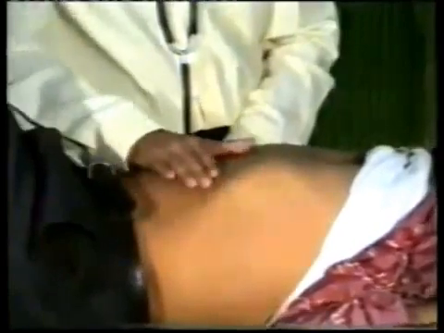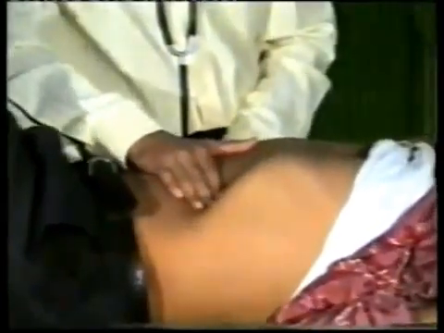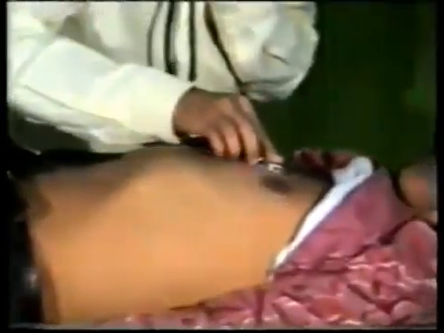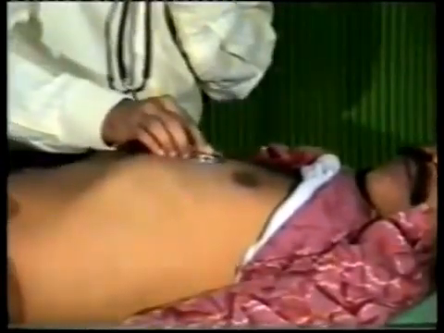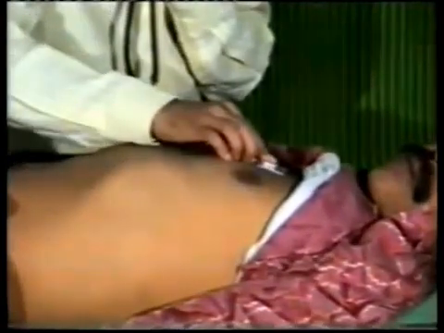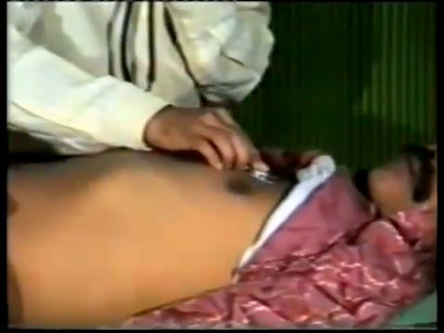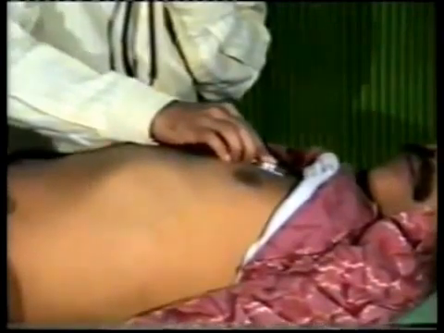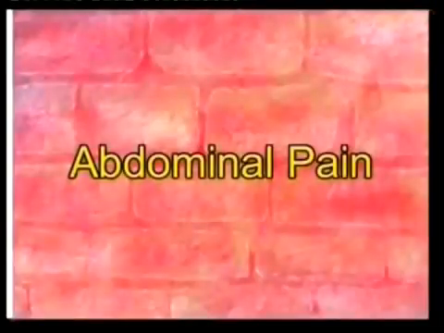If there is hepatomegaly or splenomegaly, then detailed blood investigations will be required. Auscultate the chest. A systolic flow murmur is often found in moderate to severe anemias. And you should also look for signs of vitamin deficiency in pale children.